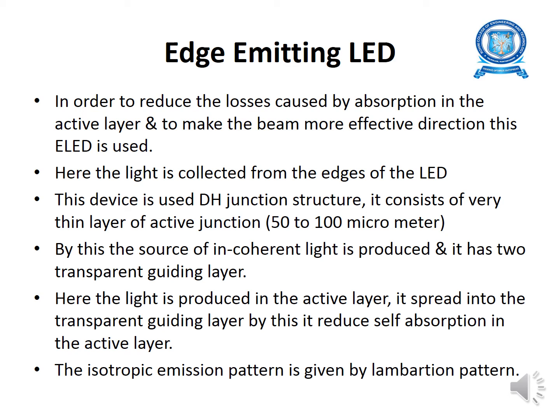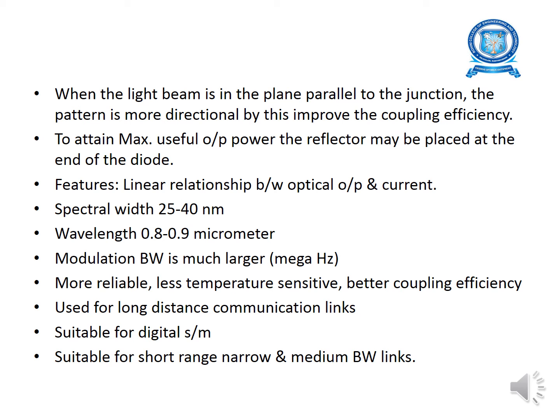The light is produced in the active layer, and this emission pattern is given by the Lambertian pattern. When the beam of light is parallel to the junction, the pattern is more directional. By this, the coupling efficiency improves. To match the typical fiber, the core diameter is 50 to 100 micrometer and the contact strip of the edge emitter is 50 to 70 micrometer wide.